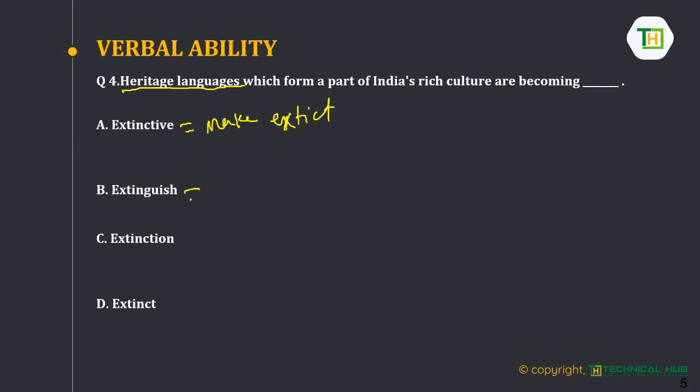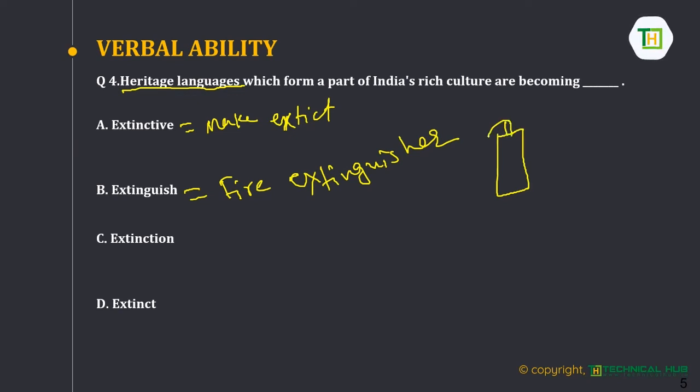So "extinguisher". We call it a fire extinguisher. You might have heard the term. It is a cylinder type thing with a nozzle at the front and a handle at the back for pressing.